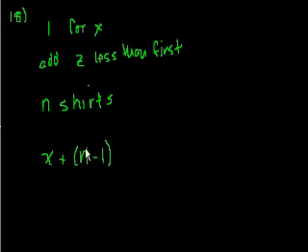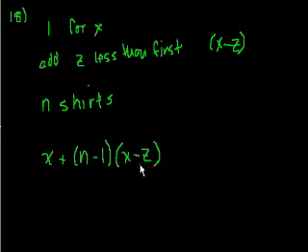They buy one shirt at X, and then N minus 1 at the other price, and the other price is X minus Z. It's not like the third shirt costs Z less than the second, and the fourth costs Z less than the third. They all cost Z less than the first. So every other shirt costs X minus Z. The first one costs X, then we have N minus 1 shirts that cost X minus Z dollars.